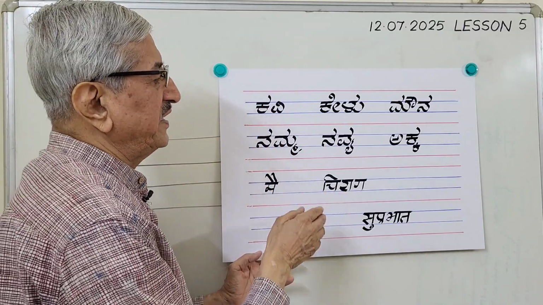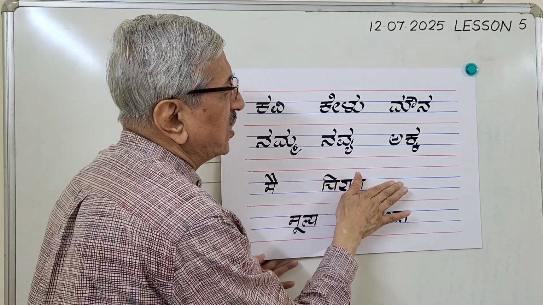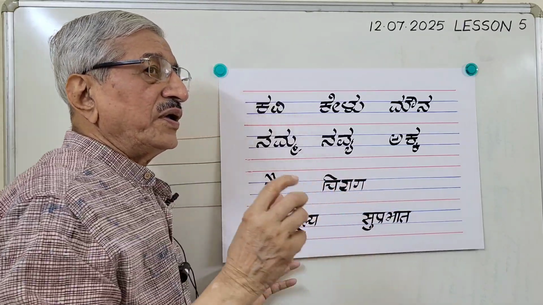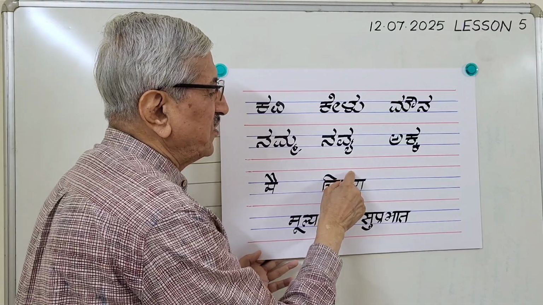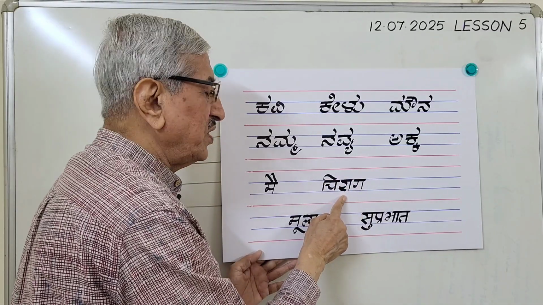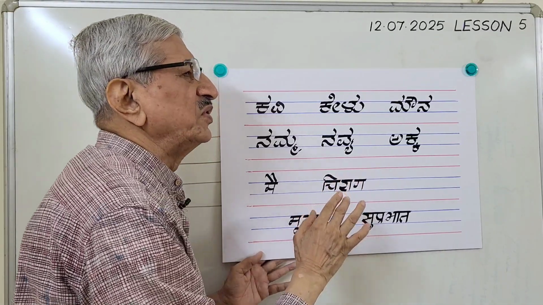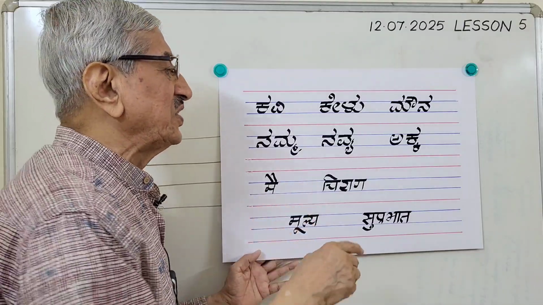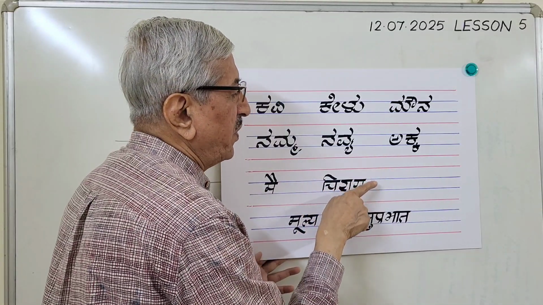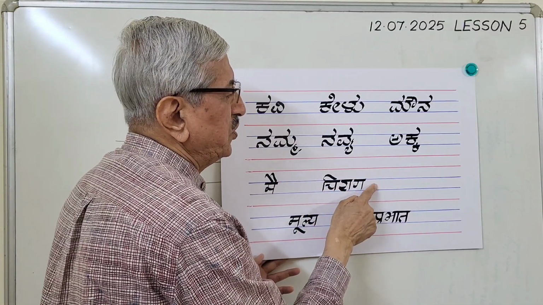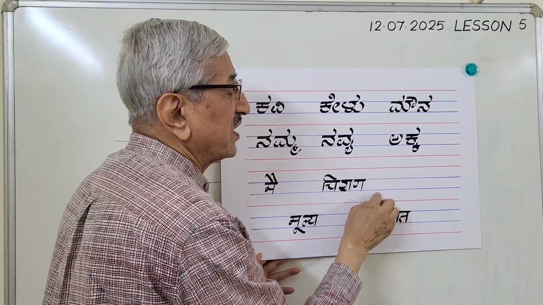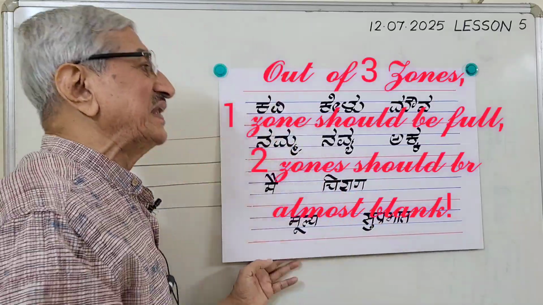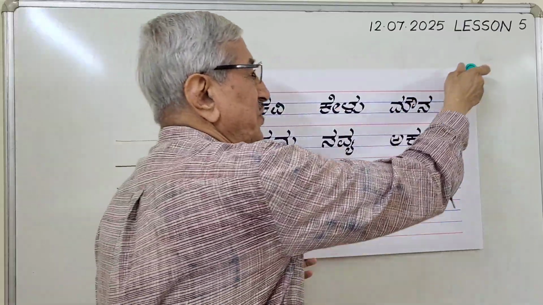The main important reason is that the ground zone should contain the main letters. The first floor zone and underground zone should be almost blank. In other words, out of the 3 parts, 1/3 should be full and 2/3 should be blank. Then our writing looks good.